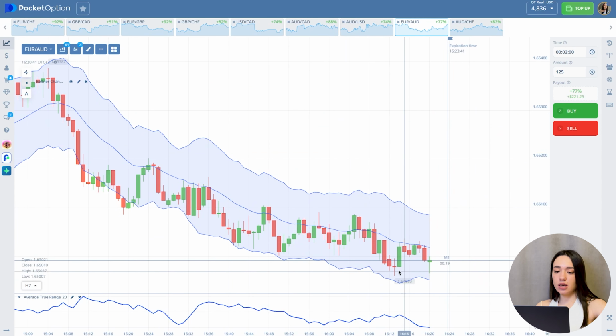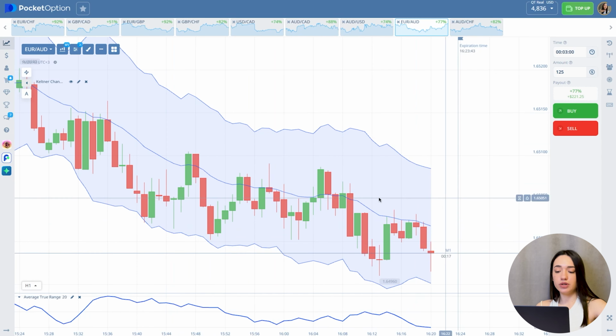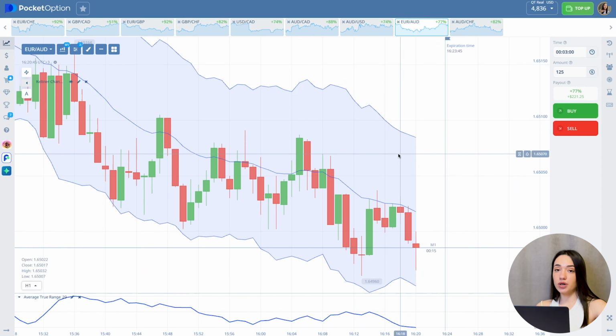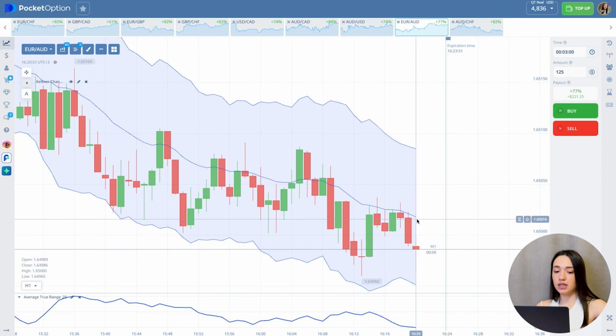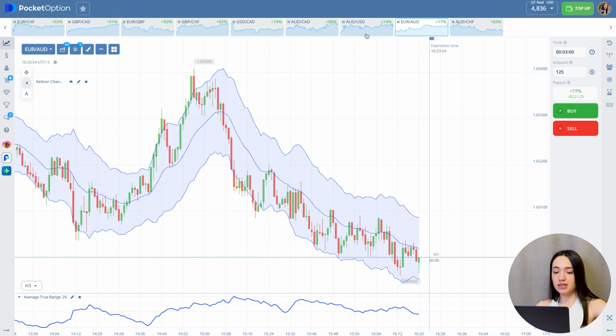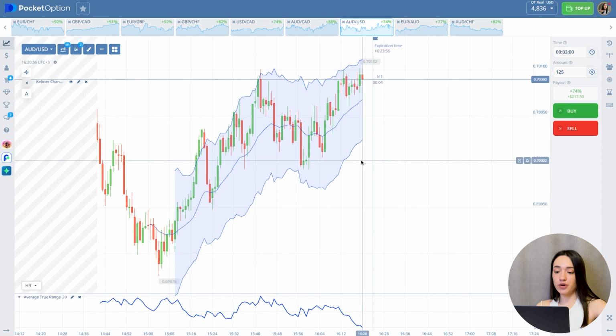And as you can see on the previous trade, the movement is still going downward, meaning the same trend just continues on this chart. So the pullbacks reach the middle moving average of the Keltner channel, and the movement then continues in the direction of the trend.